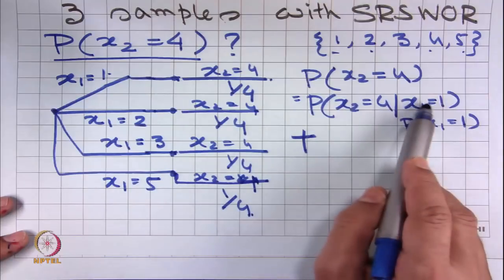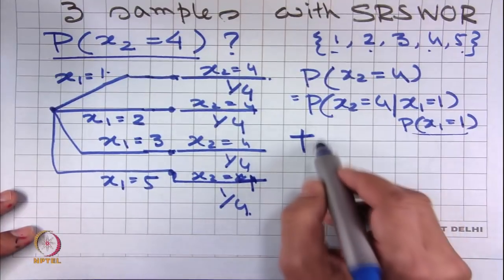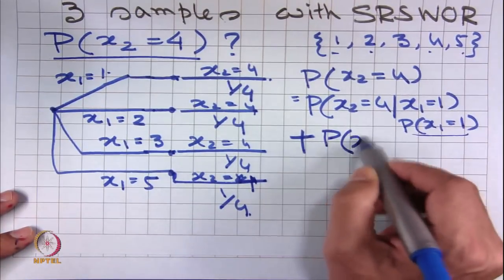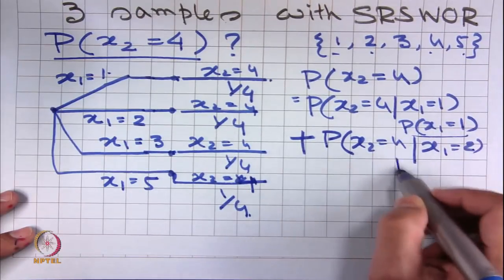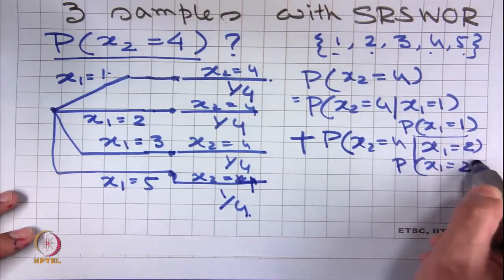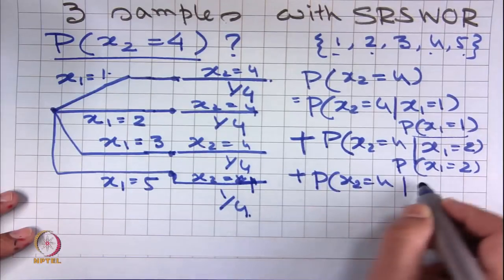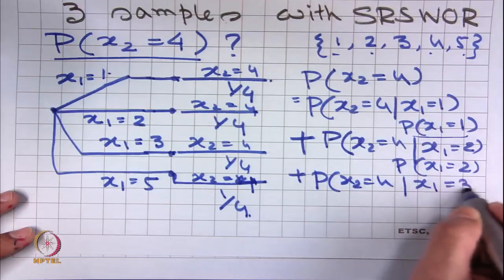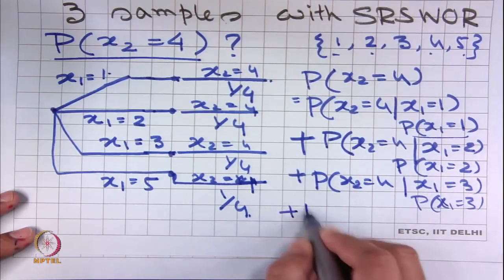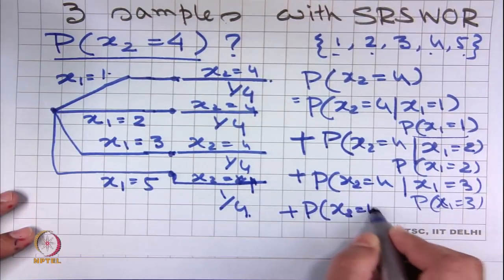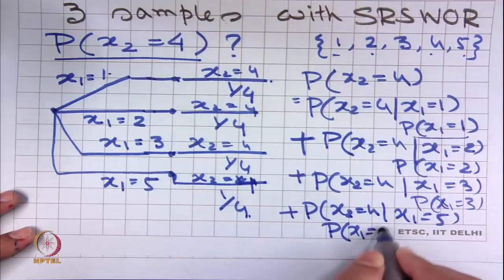Probability the second sample is 4, given that the first sample is 1, multiplied by the probability the first sample is 1, plus probability x 2 is equal to 4, given x 1 is equal to 2, into probability x 1 is equal to 2, plus probability x 2 is equal to 4, given x 1 is equal to 3, into probability x 1 is equal to 3, plus probability x 2 is equal to 4, given x 1 is equal to 5, multiplied by probability x 1 is equal to 5.